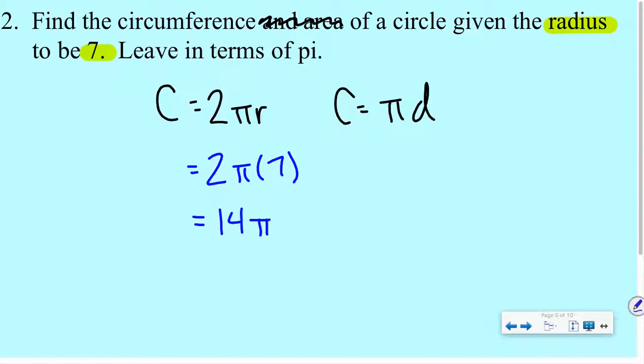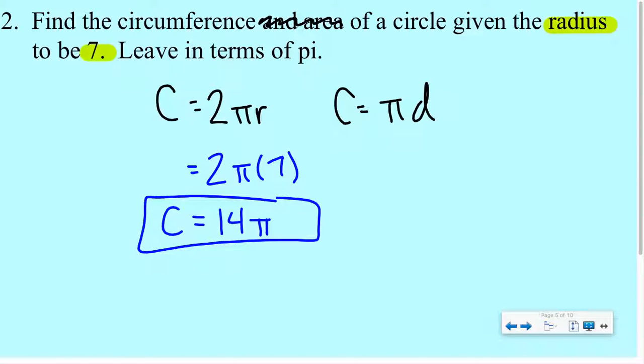And you leave it just like that when it says in terms of pi. If you put it in the calculator, it's going to give you a value about 44, which to me makes more sense if I say the circumference of the circle is 44 inches. That's better to visualize the distance around it instead of saying 14 pi. But a lot of times we just leave them in terms of pi.